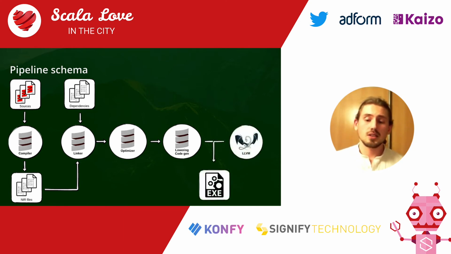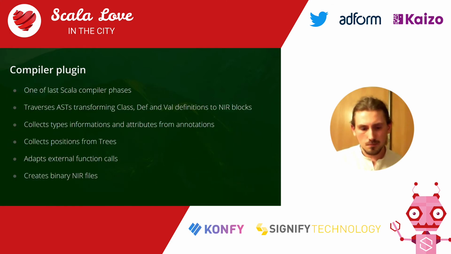And at the very end, we are transforming our code to LLVM IR and using the Clang compiler to compile all these sources, both those coming from the user, because the user can provide his own native sources, as well as sources created by Scala Native.